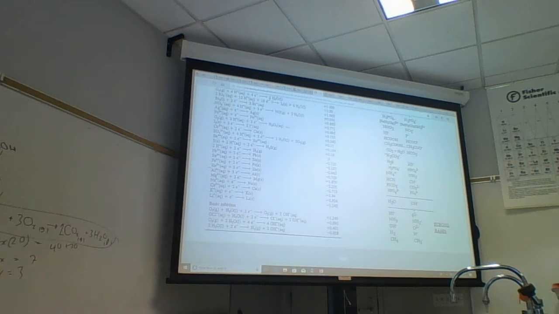No. Those are not strong bases. So what's the difference? Well, the difference is this. The strong bases are soluble hydroxides. The weak bases are insoluble hydroxides.